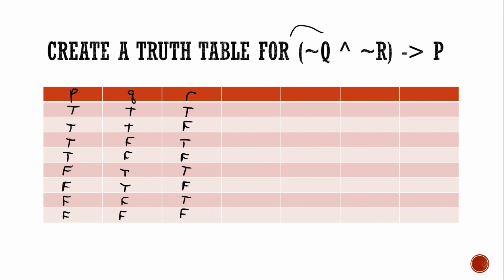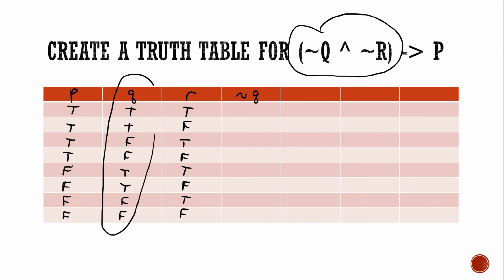All right, so let's begin by working on our left side of the problem. So I look at that and I see that I have a Q column, but I don't have a negation of Q. So that's going to be the first thing that I'm going to work on, is the negation of Q. So remember, in order to do the negation of Q, you're going to take the Q values and you're going to switch them out. So wherever there's a true, there's going to now be a false.